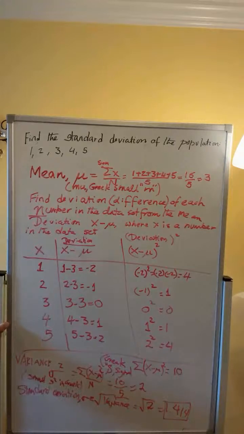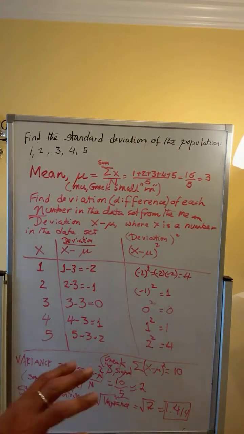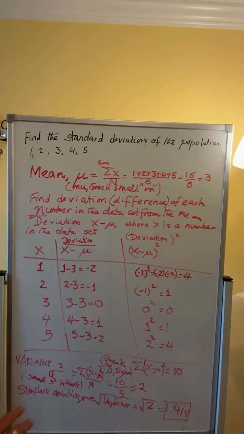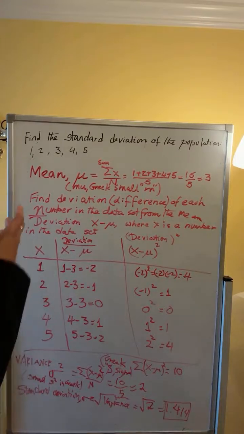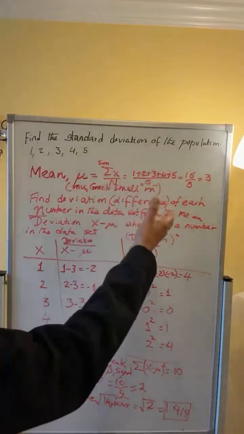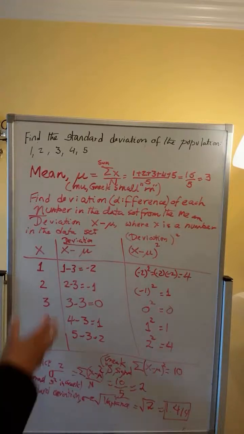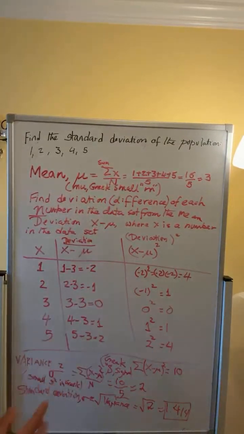Okay. So again, we want to find the standard deviation of the population 1, 2, 3, 4 and 5, only 5 numbers in the population. First we find the mean, which is the sum of the numbers divided by the total number in the population. It's given by mu, small m in the Greek language, and it's 15 over 5 is 3. Now we find the deviation of each number in the population from the mean, which is x minus mu.